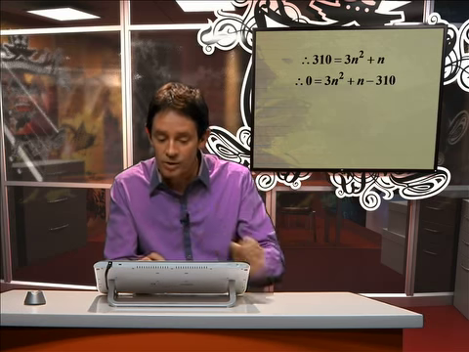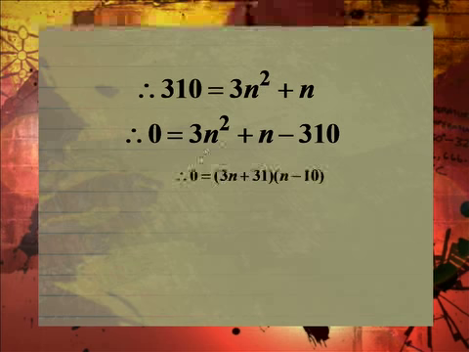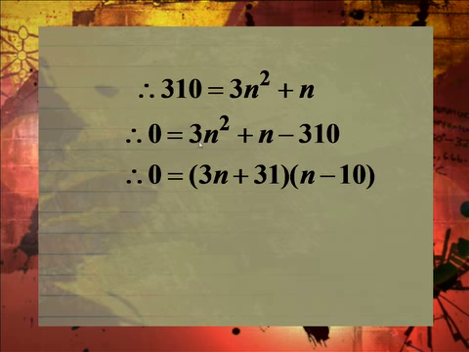Now, this is more at the matric level, but when you factorize this, what you're going to find is you get (3n + 31)(n - 10). Now, don't panic. Let's check it. 3n squared, 31 times 10 is 310. And we've got then 31 minus 30 gives you the 1. So it does work.